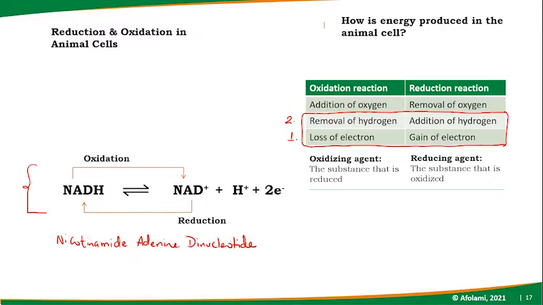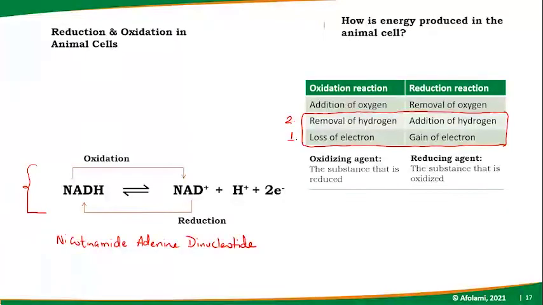So NADH is regarded as a high electron carrier, and in the electron transport chain, which we'll see later, we'll see how it's involved in transporting electrons from one membrane protein to the other.